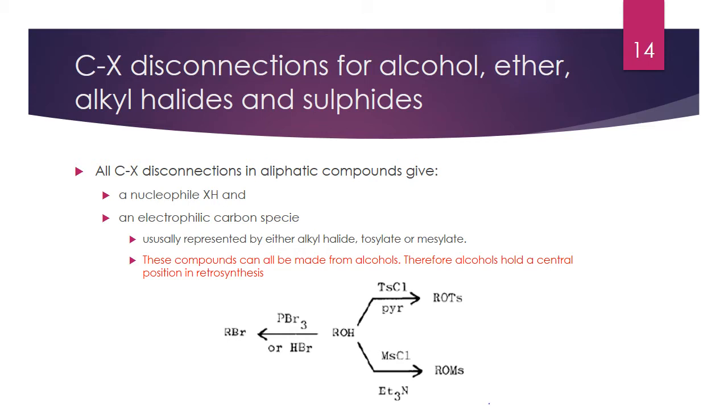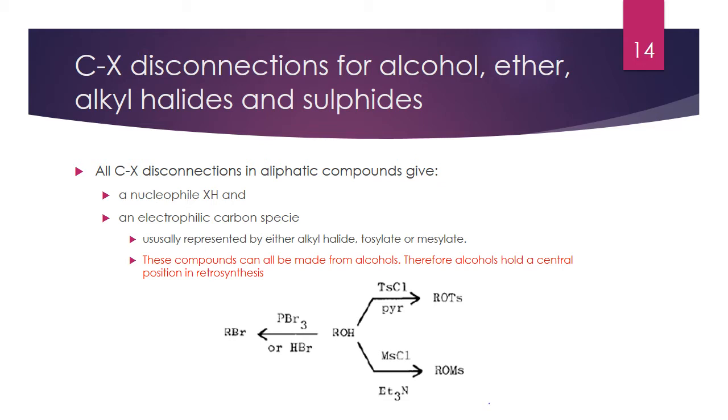One thing that is important that we have discussed: whenever we disconnect a bond between carbon and X in any aliphatic compound, we get a nucleophile, that's XH, and an electrophilic carbon species. The carbon that's electronically deficient, positively charged, is normally represented by an alkyl halide, or alternately we can make use of tosylate or mesylate.